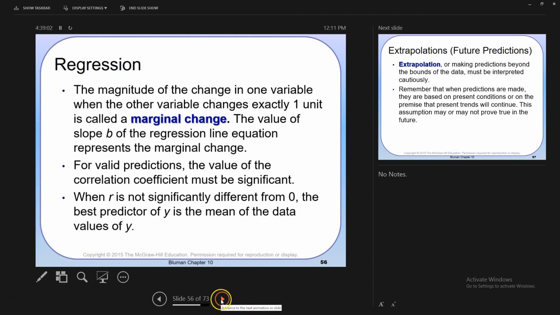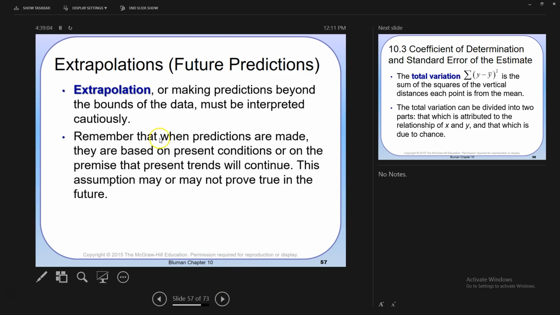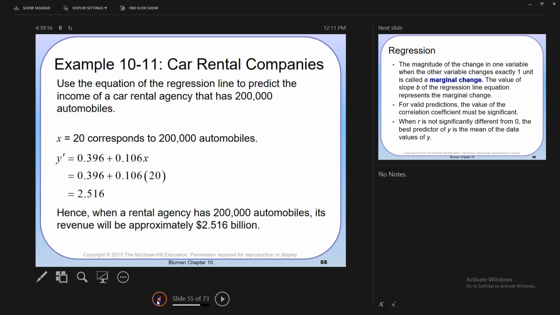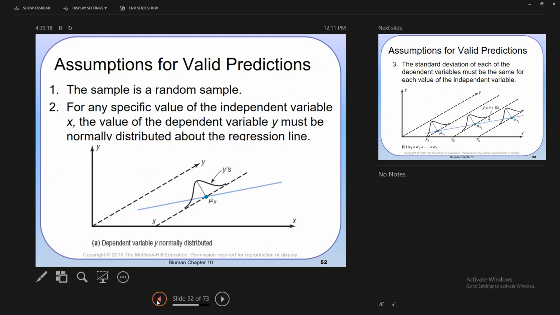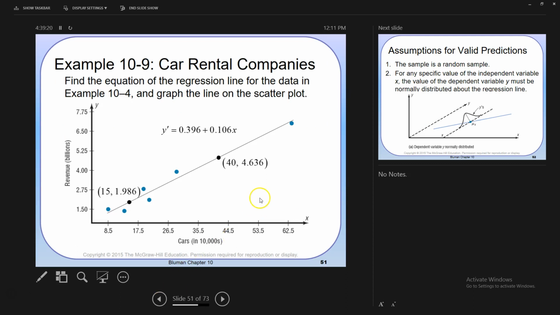So what does that interpolation and extrapolation mean? Extrapolation is where you make predictions beyond the bounds of the data, and when you do that, you have to do it cautiously. I'm going to go back and look at the data set for just a second. In this case, I would not want to make predictions using values beyond 63 or below 8.